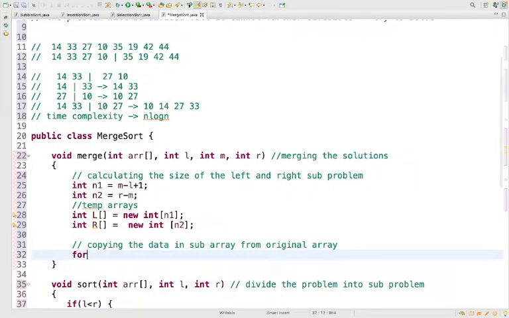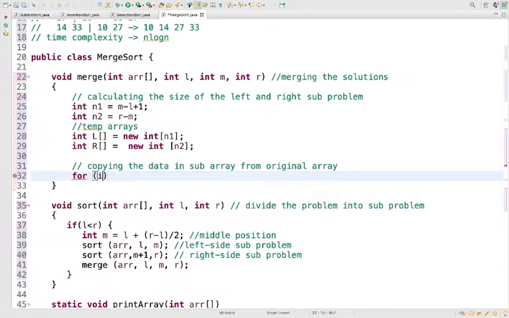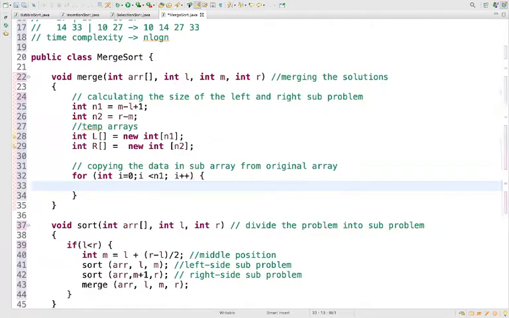What we're going to write here is for int i equal to 0, i less than n1, i plus plus. Right now we are doing it for the left subarray. So Li of i will be arr of L plus i, and the same thing we are going to do for the right subarray as well.